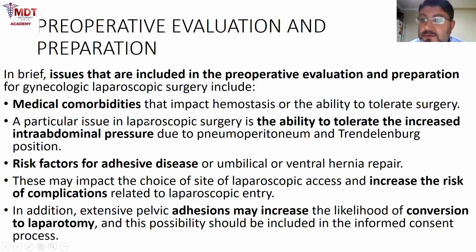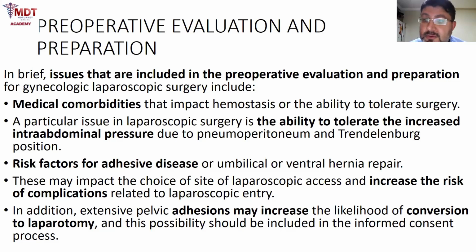Of course, before every surgery, you have to evaluate the patient preoperatively and check the medical comorbidities of the patient, like hemostasis or ability to tolerate the surgery. During the surgery, you increase the abdominal pressure, and you have to confirm that the patient will tolerate this.